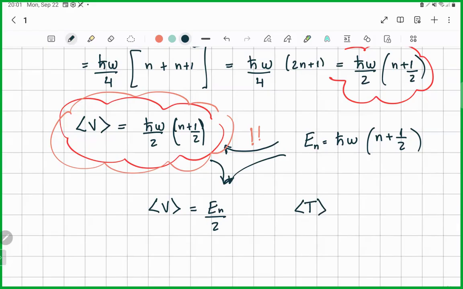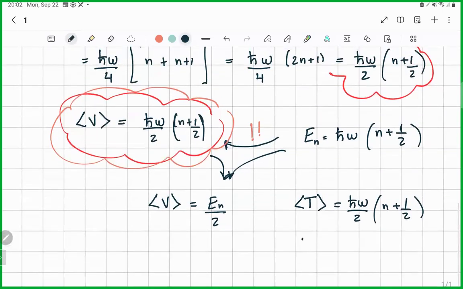If you go through the same procedure, you see that the expectation value for the kinetic energy is again that same result that we got for the potential energy, which means it's also half of the energy of the state. Now, how are you going to compute the expectation value for the kinetic energy?